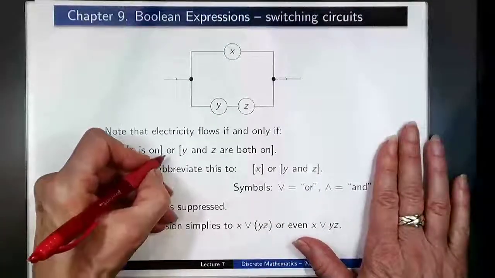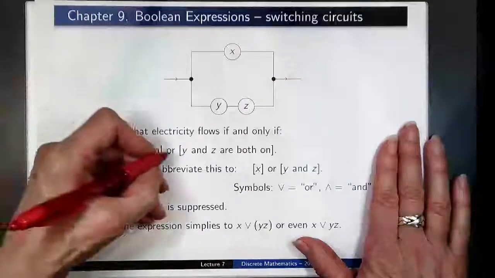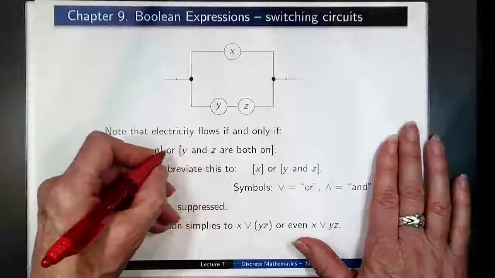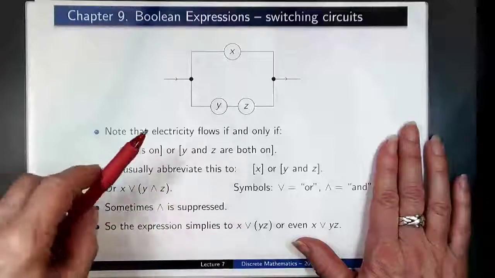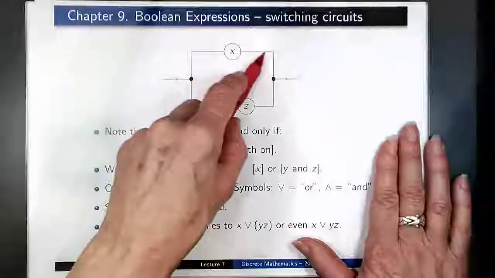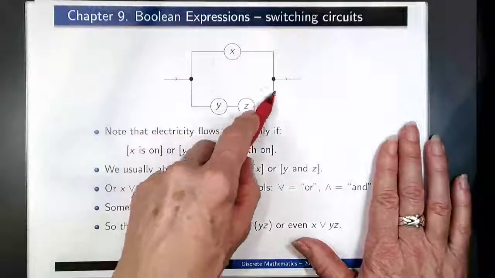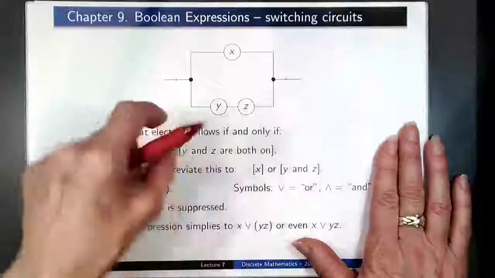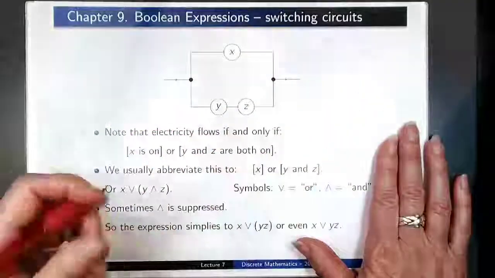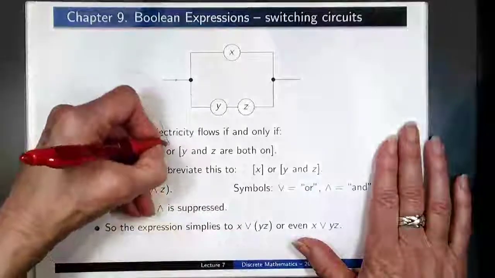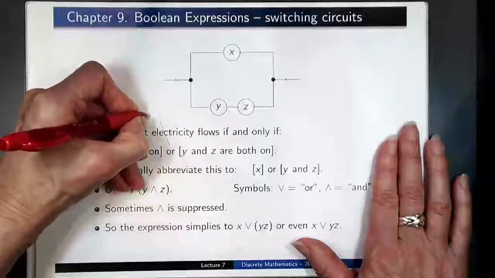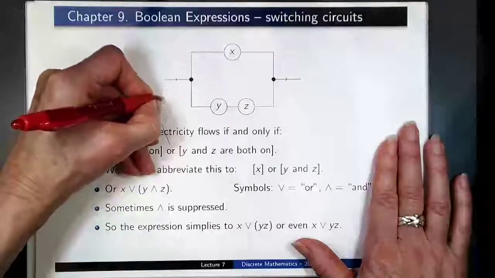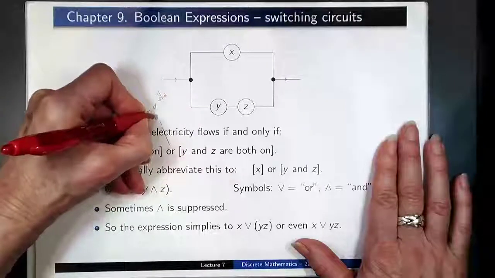So this OR here means this or that or both. Current flows if that's on, or these are on, or both. So this OR means one or the other or both.